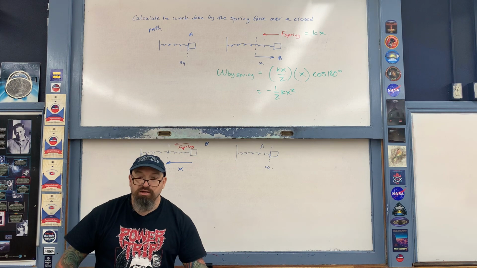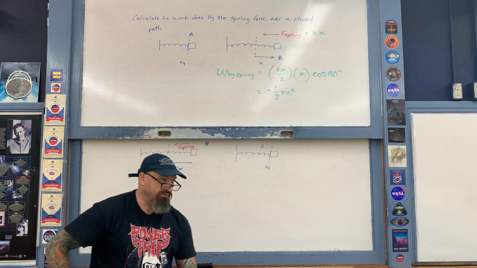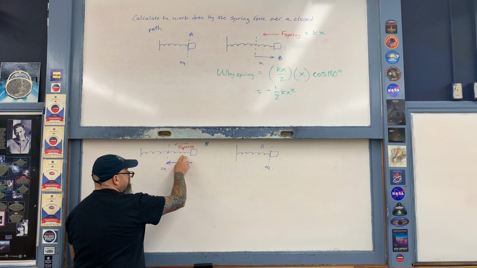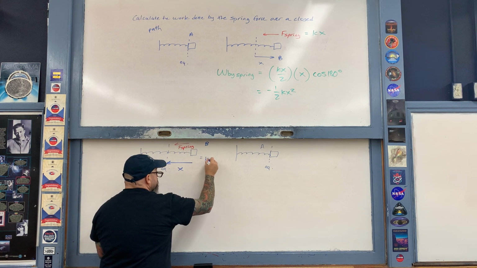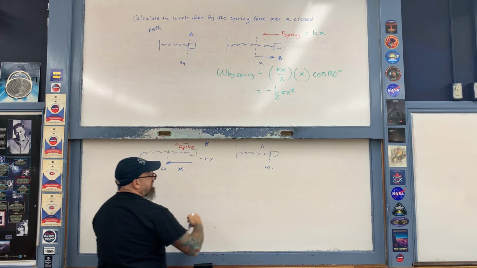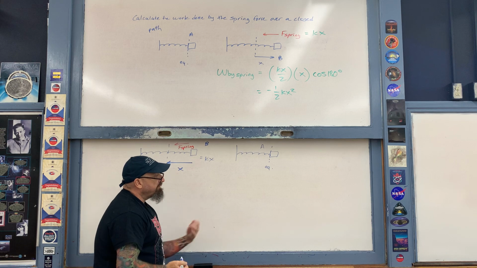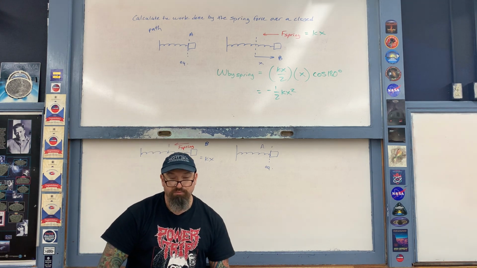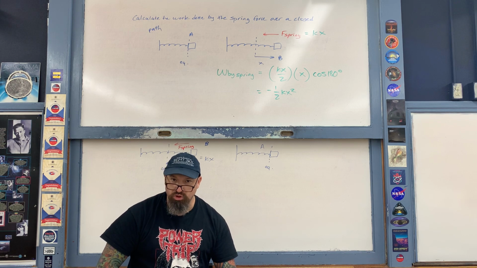Once again, in order to calculate the work done by the spring force, we use the average value of the spring force. Right here at position B, when we're initially stretching out the spring, the magnitude of the spring force is equal to kx. However, over here at position A, we're at the equilibrium position, so the value of the spring force there is 0. Therefore, the average of the two is once again kx over 2.